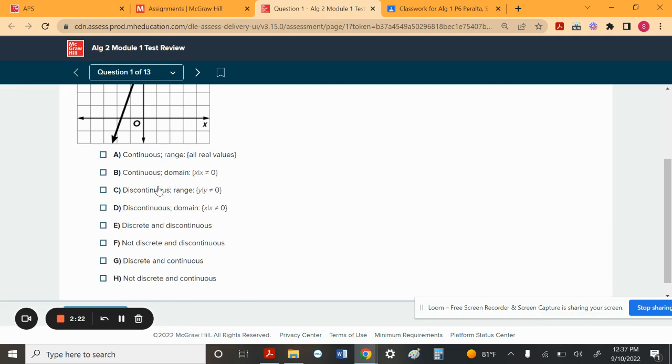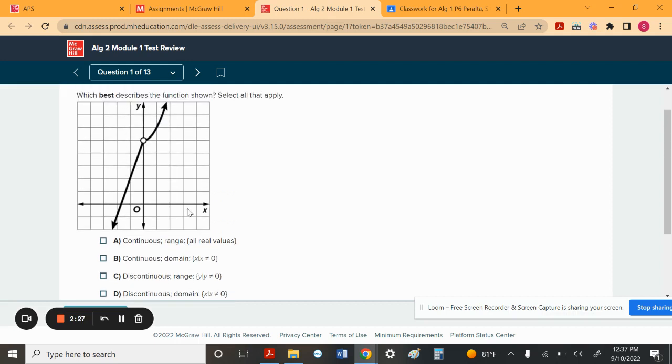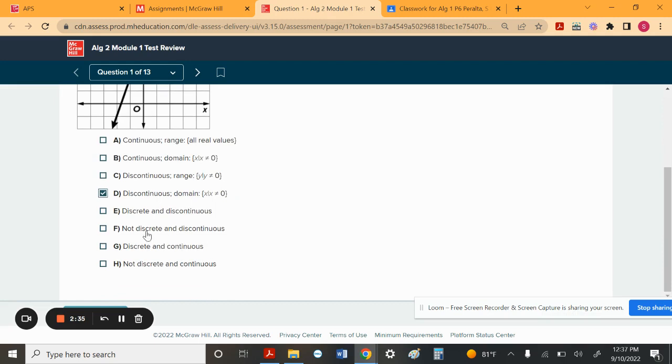So anyway, discontinuous has got to be one of these two. Notice that the domain is where x is not equal to 0, so x cannot be equal to 0 at that point, not y equal to 0, so it has to be D. And then I think it is not discrete, and it is discontinuous. I think that's what it's saying. Discontinuous means it's neither. So I won't put that in there.